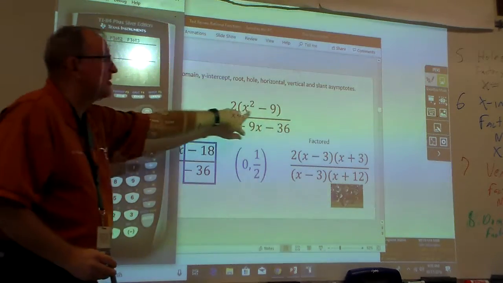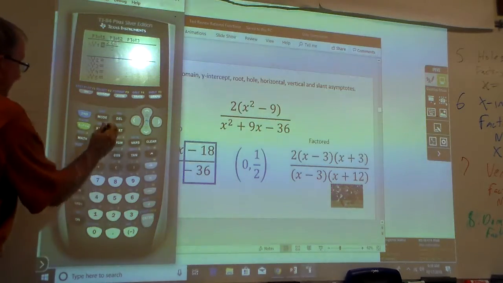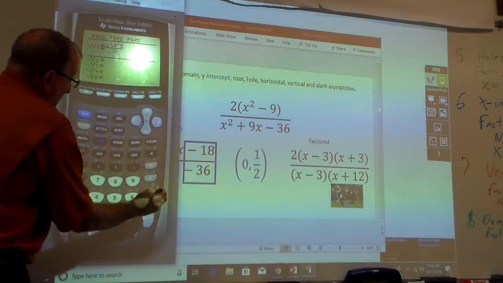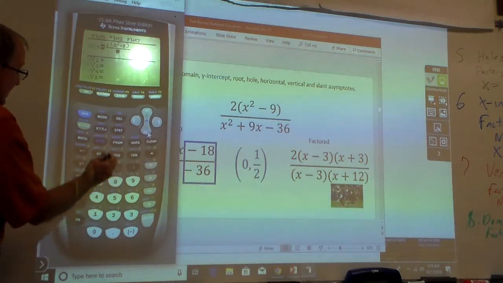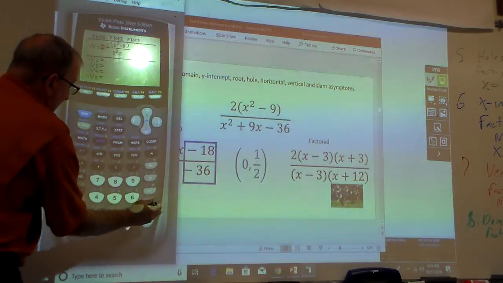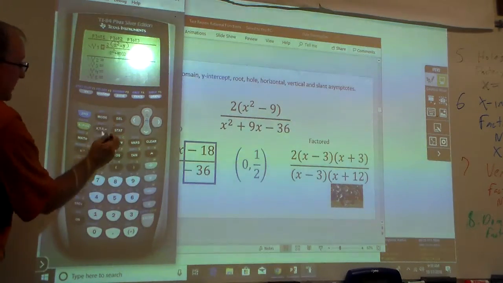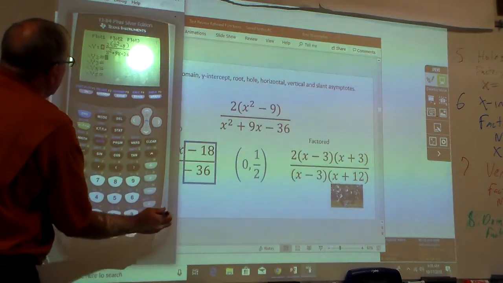And I'm going to type it in exactly as it is here: 2 parentheses x squared minus 9 close parentheses, arrow down to my bottom, and I'll have x squared plus 9x minus 36, enter.